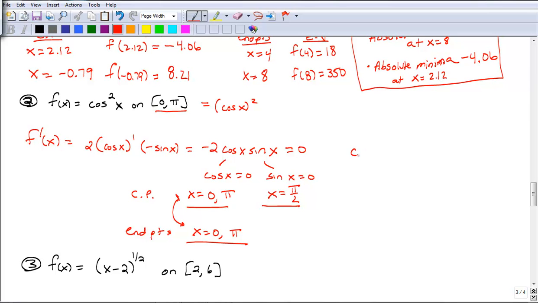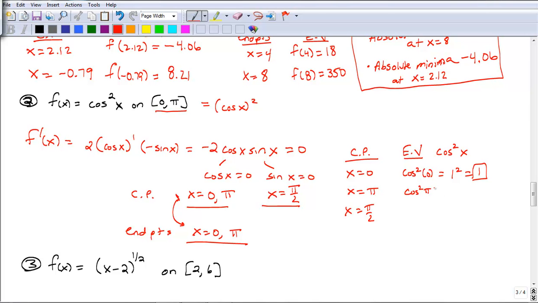So to find my extreme value, I take my critical points, 0, pi, and pi over 2, and I plug them into my original function, which is cosine squared of x. Cosine squared of 0 is 1 squared, which is 1.